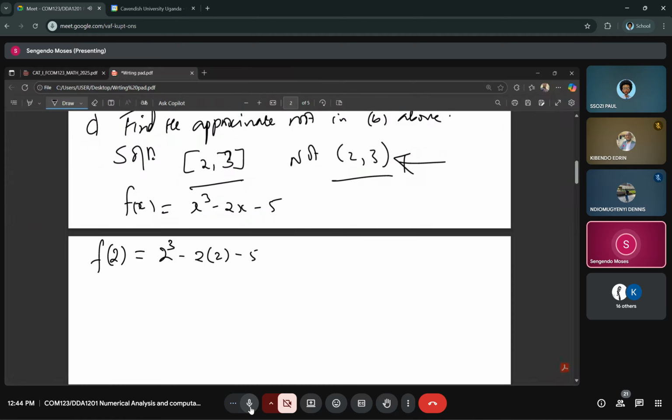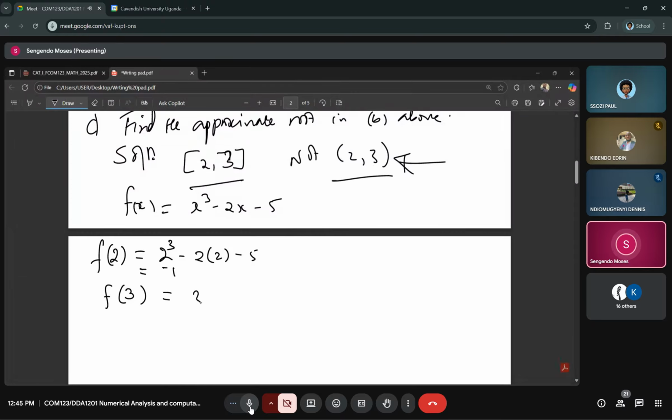2 times 2 minus 5. So what is this from your calculators? It is negative 1. Okay. Now we also compute f(3).